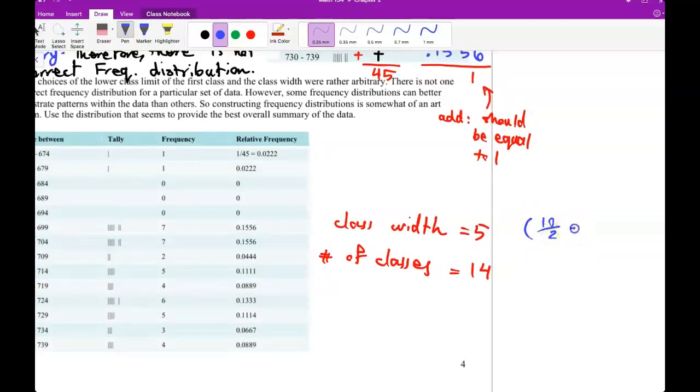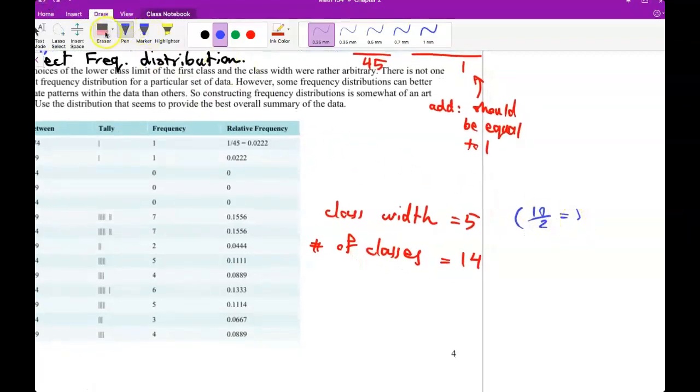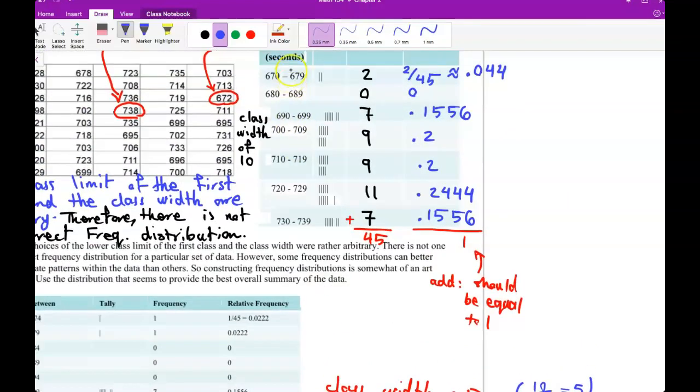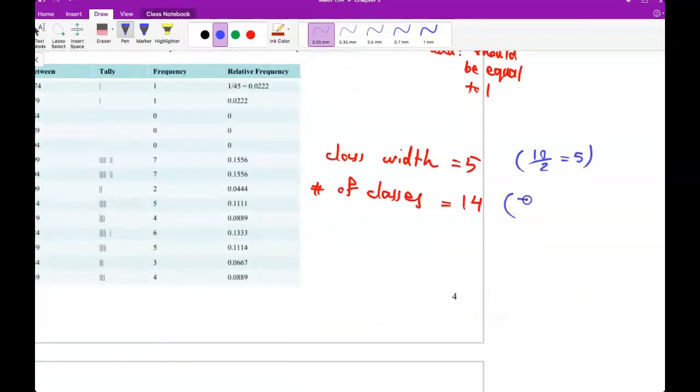So that was divided by 2, and we got 5. Since I divided by 2, now from here, the number of classes are 1, 2, 3, 4, 5, 6, 7. So 7 multiplied by exactly the same number that we divided by here is 14 classes.